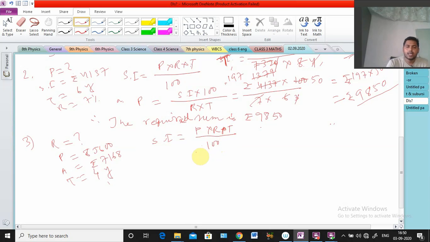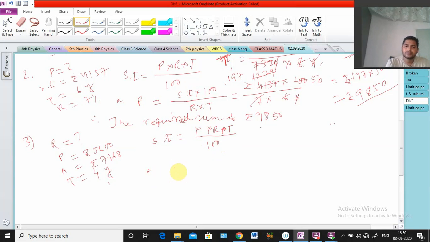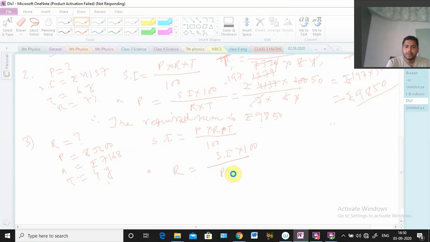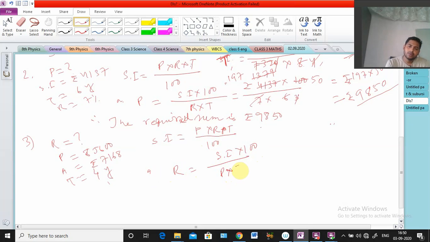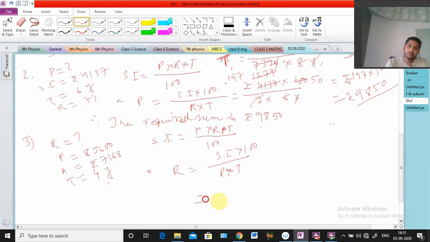What do we find out, sir? R. So R equal to SI into 100 by P into T. Now put the values. SI how much, sir? SI we don't know, so find out. SI equal to amount minus principal, I told you.